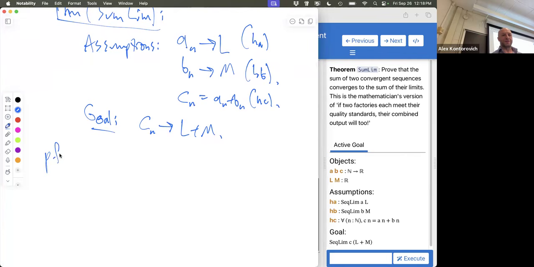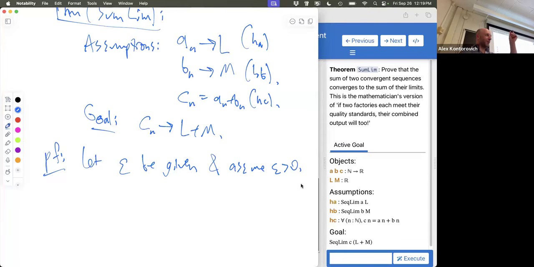Let's start the proof. Let's see if we can come up with a proof in natural language. So we have to prove that there's a limit. Step one. Let epsilon be given and assume that epsilon is positive.